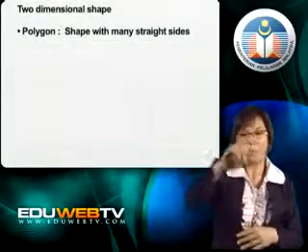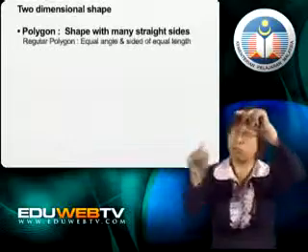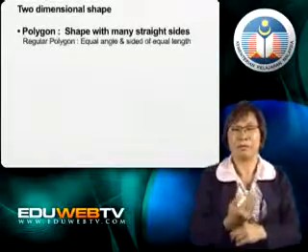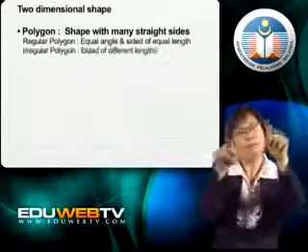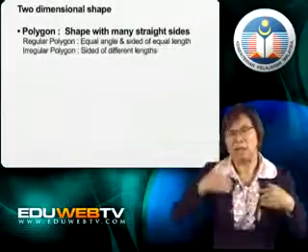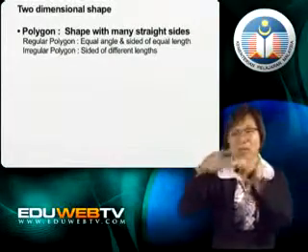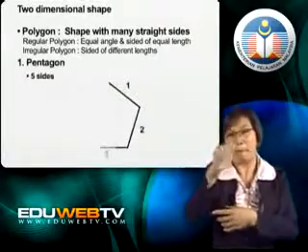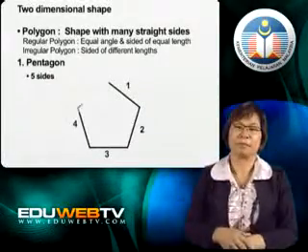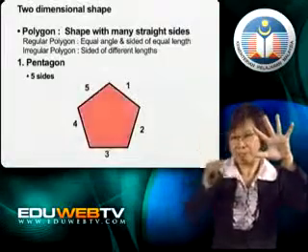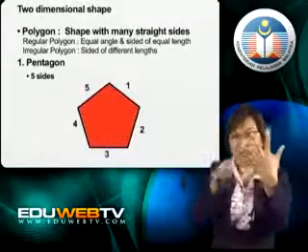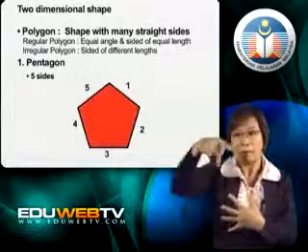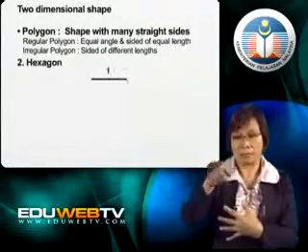Polygons are shapes with many straight sides. Regular polygons have equal angles and sides of equal length. Irregular polygons have sides of different length. Polygons are divided into 1. Pentagons, which have 5 sides. 2.